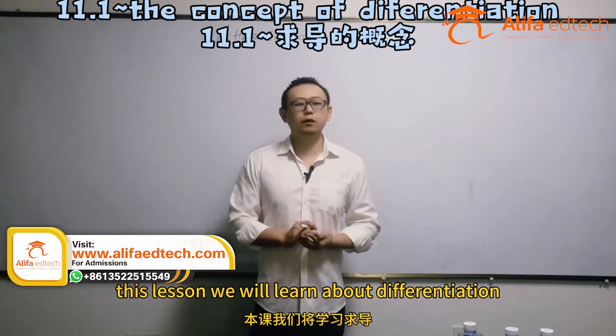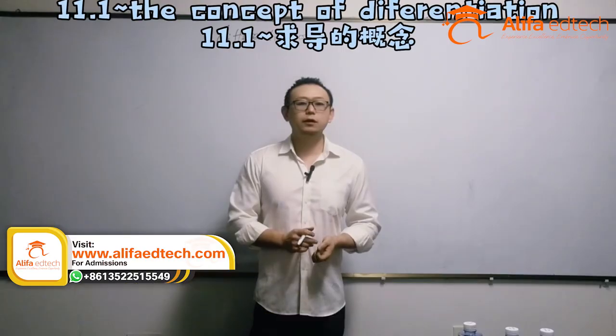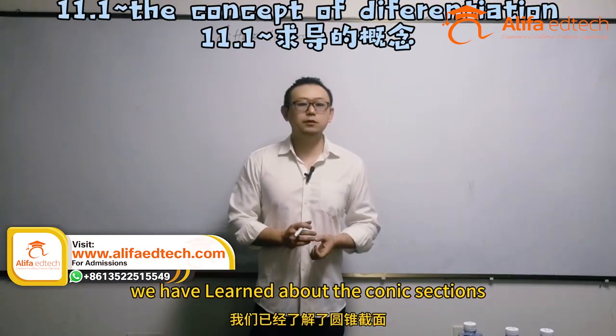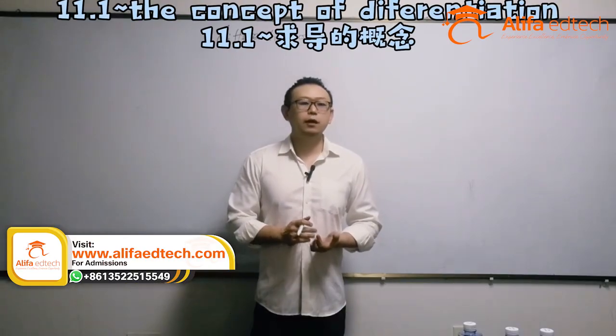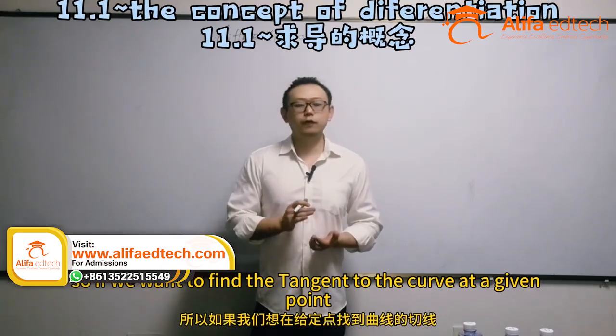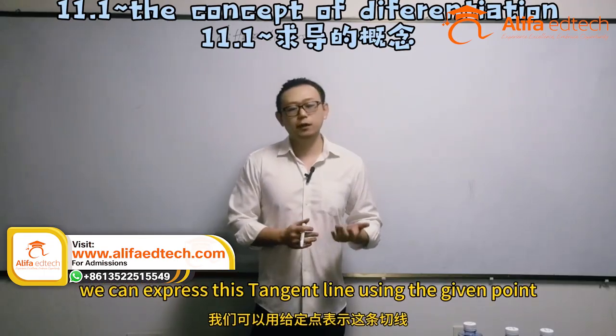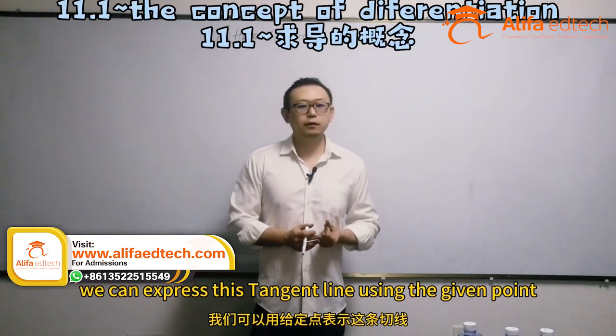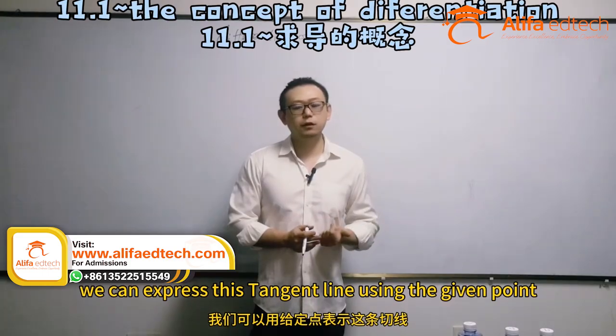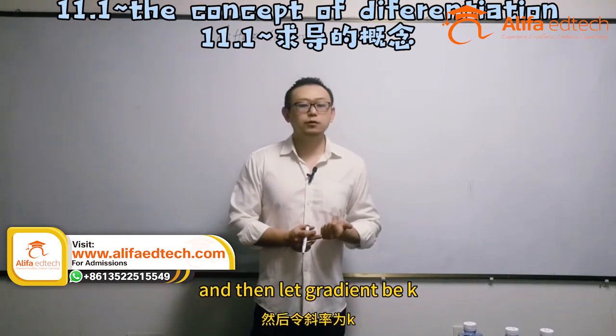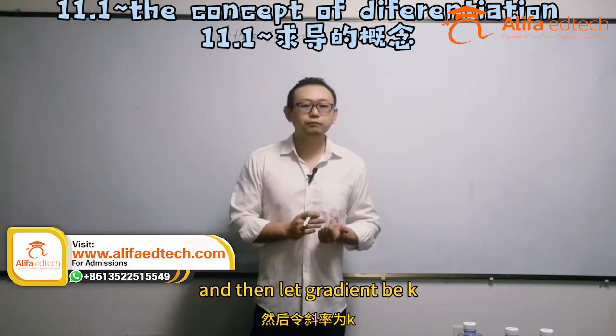This lesson we will learn about differentiation. In the last chapter, we learned about the conic sections. If we want to find the tangent to the curve at a given point, we can express this tangent line using the given point, and let the gradient be k.